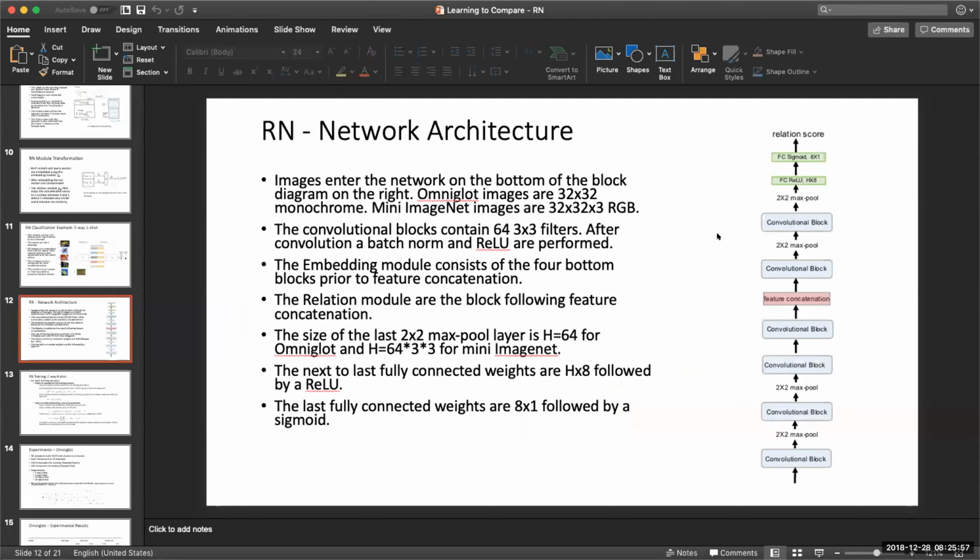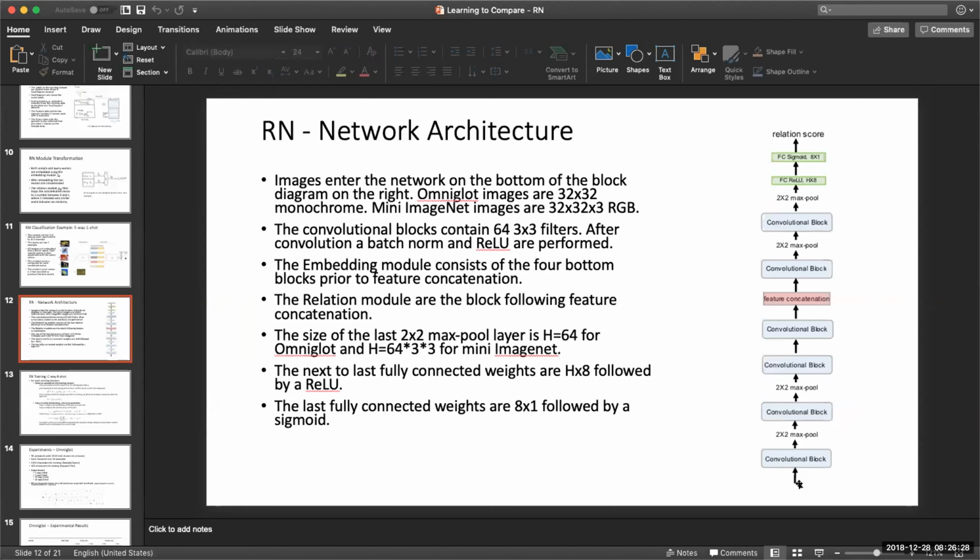So this diagram, which is from the paper, shows both the embedding and the relational blocks. So I can just go through that and describe those. In this diagram, the images are processed through the network, starting from the bottom.